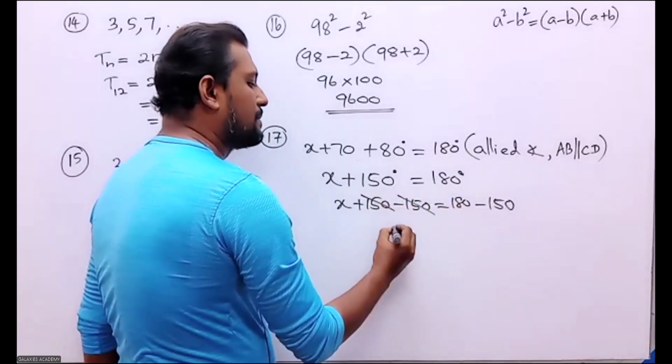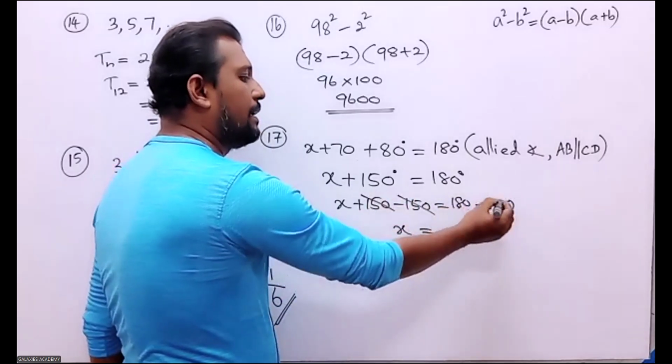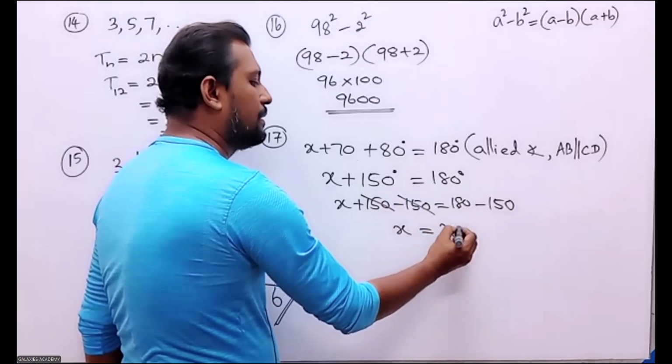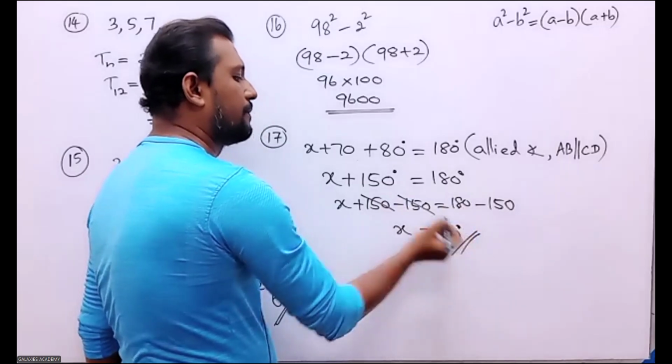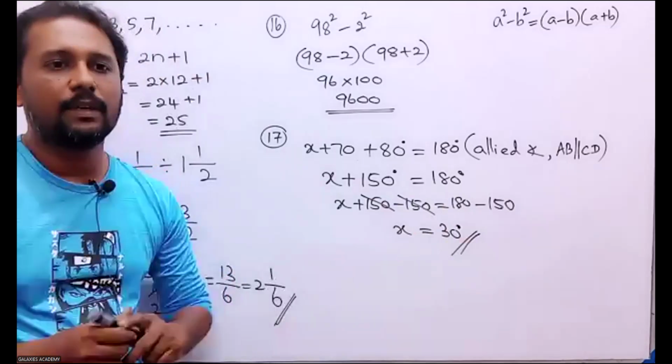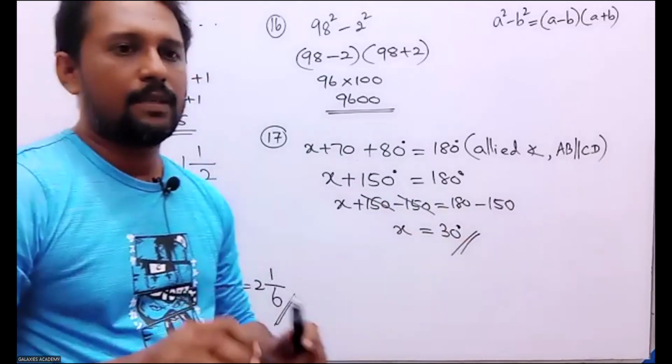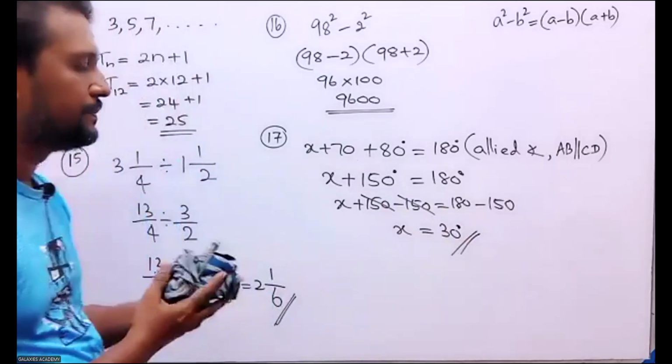Then these two cancel. x equals 180 minus 150, 30. Right? x equals 30 degrees. It is number 17.